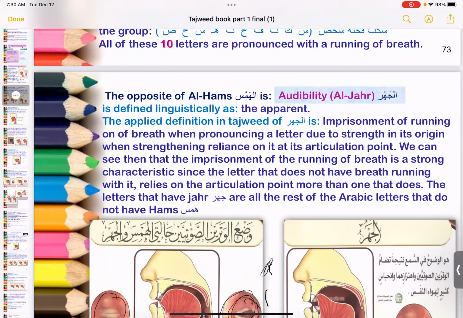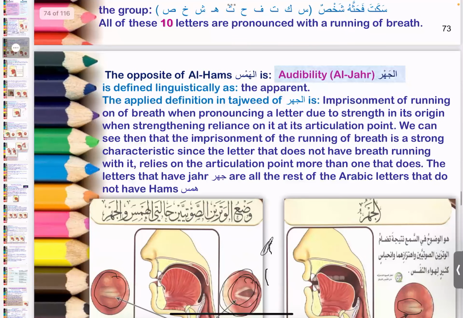What is its definition? Linguistically, Jahar means what is apparent, what is obvious, whereas Hams is concealment. Here it is apparent. The applied definition in Tajweed of Jahar is the imprisonment of the breath when pronouncing a letter, due to its strength in its origin.